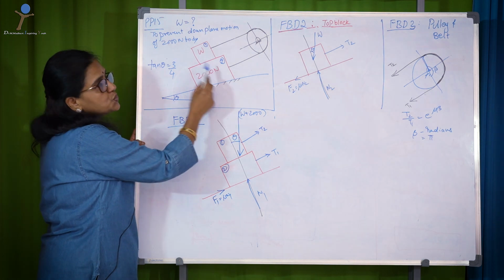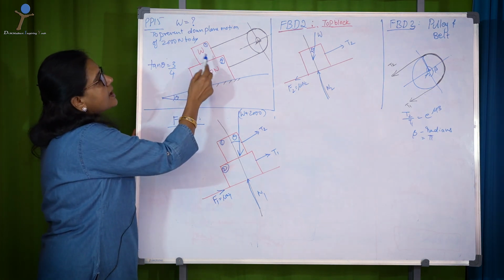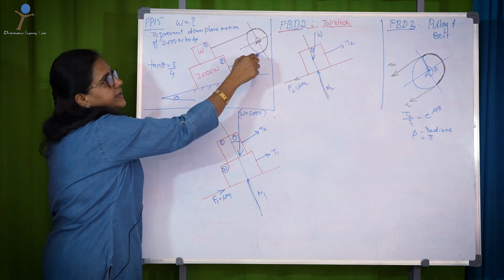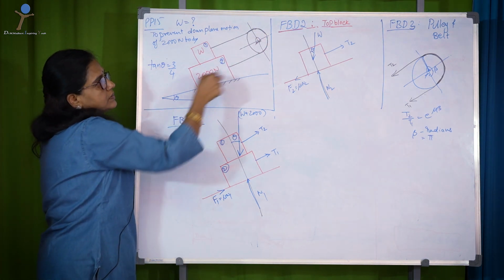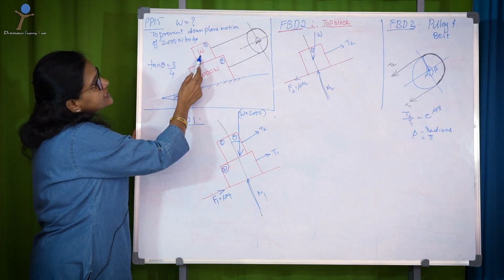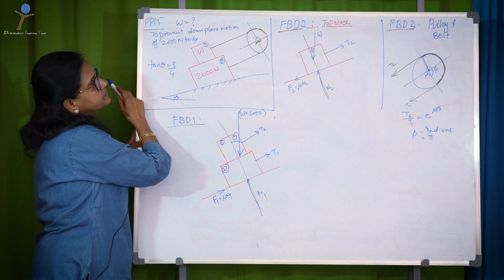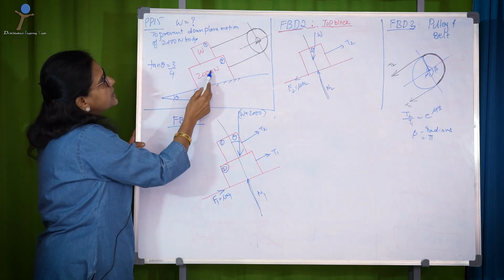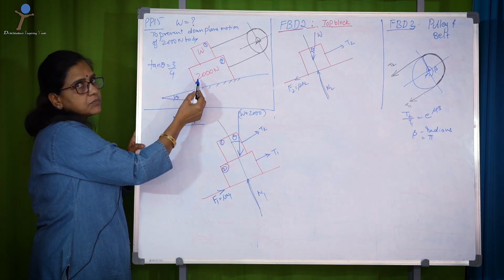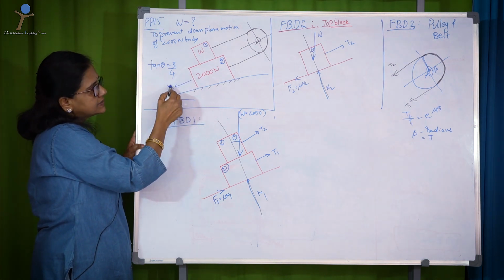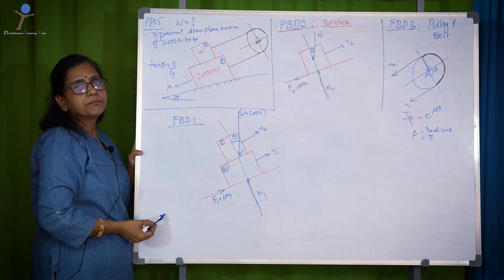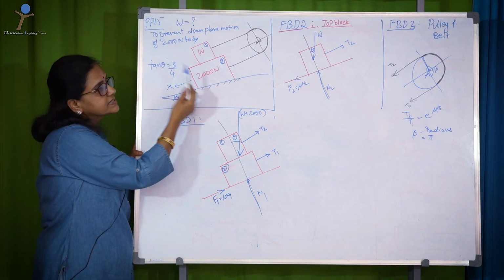These two blocks are held with a rope passing through a pulley in this way. The question is: determine W to prevent the down plane motion of the 2000 Newton block. How much W has to be placed on top of this block?